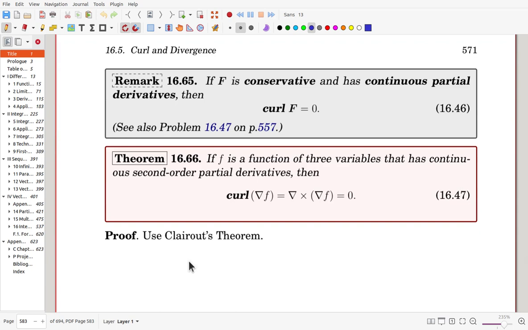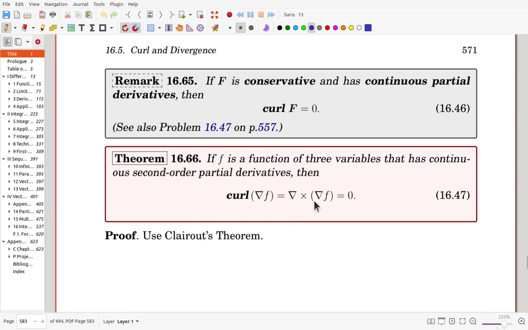And earlier, through a problem, we found that once the vector field in 3D is conservative and has continuous partial derivatives, then the curl of F is 0. We checked it there. So here we have a theorem: F is a function of three variables that has continuous second-order partial derivatives.